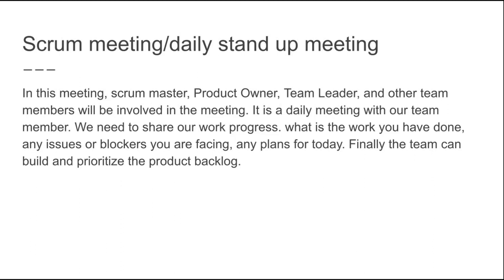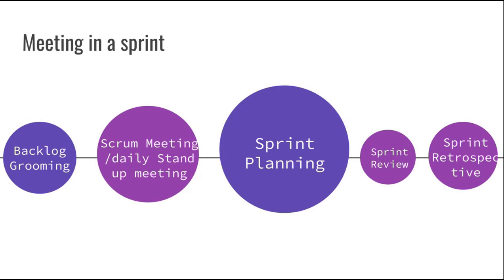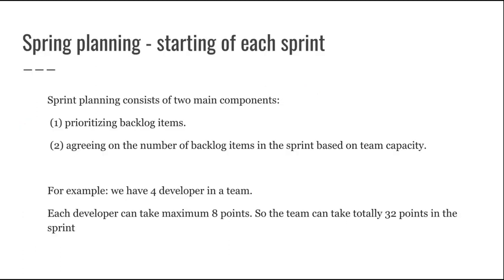Now the next meeting is sprint planning. Sprint planning always happens at the start of each sprint and consists of two main components. The first one, prioritizing backlog items.